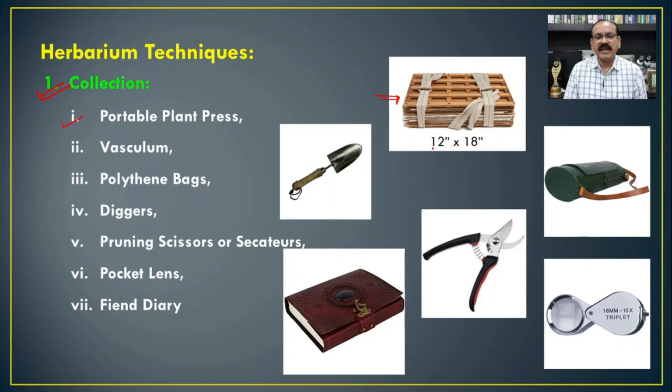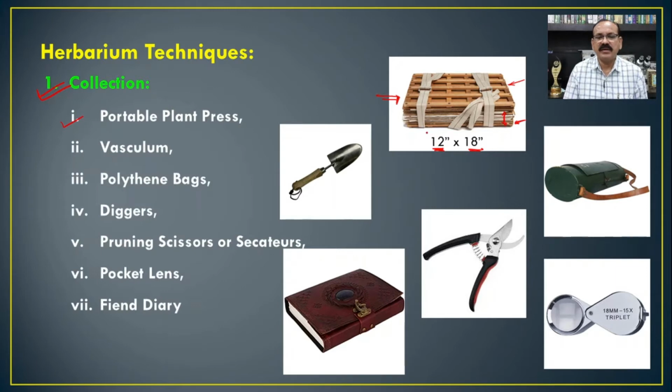Usually, these plant presses are of two different types. Here we have taken one example, which is the portable plant press. Even there are some other plant presses also, which are made of metals. Here there are two different supports of wooden frames, and in between these two, there are blotting papers, or even we can use newspapers.